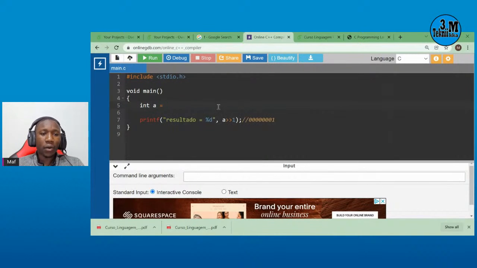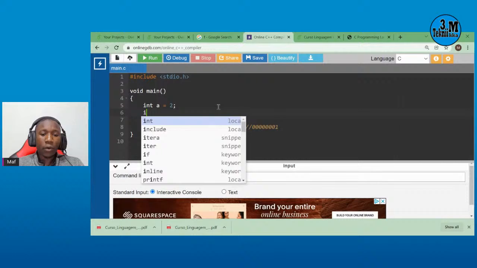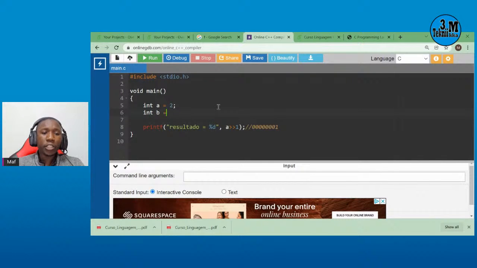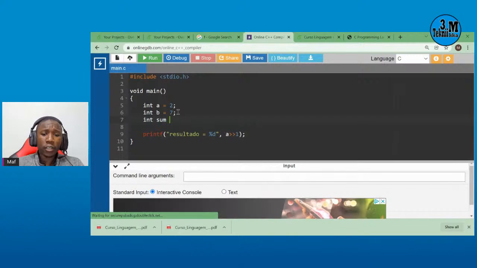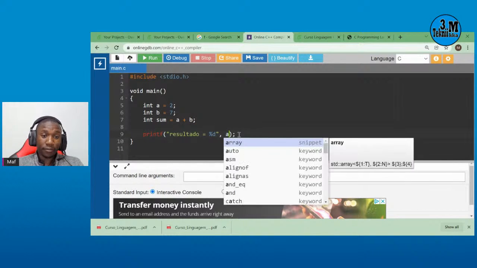Let's say a is 2 and b is 7, for example. Then you perform an operation called sum. Let's say int sum. You have a sum between a and b: a plus b. The result, as you know, is going to be 9.